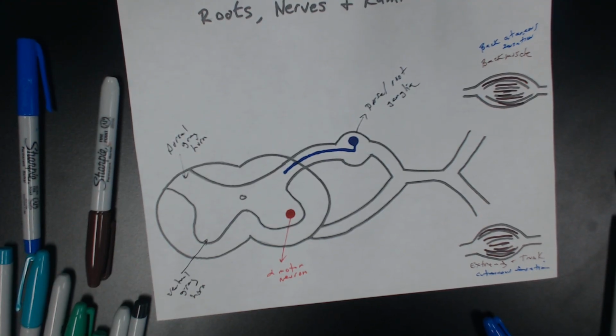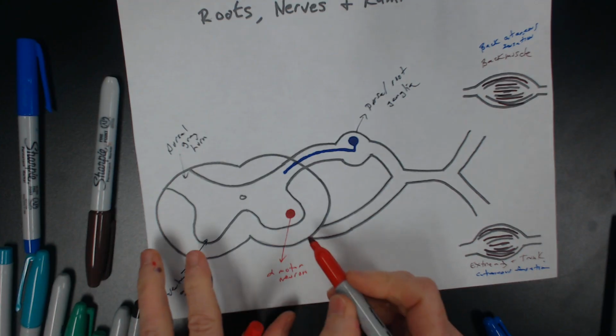Your alpha motor neuron sends out motor information to innervate skeletal muscles. What's the blue one? The blue one is somatosensory information coming in. So any general somatosensory, could be SCT, could be DCML, nothing specific. Just general somatosensory information coming in.